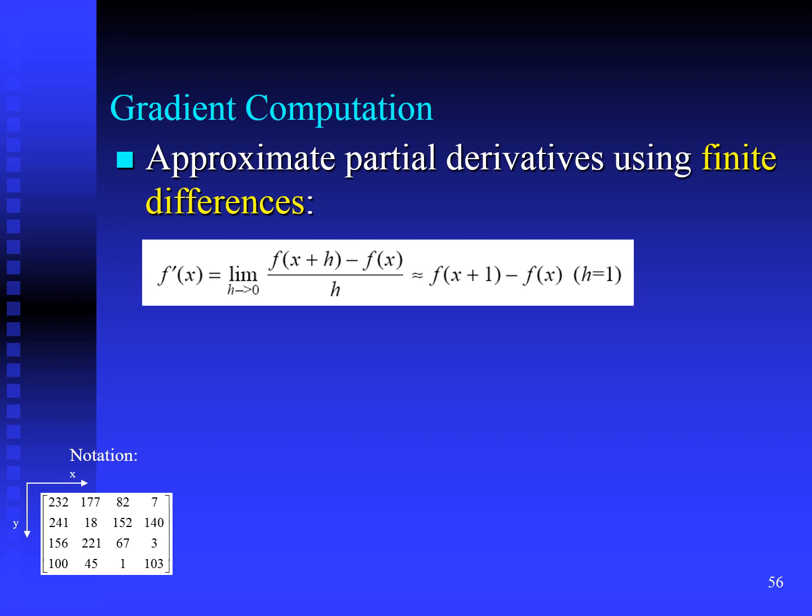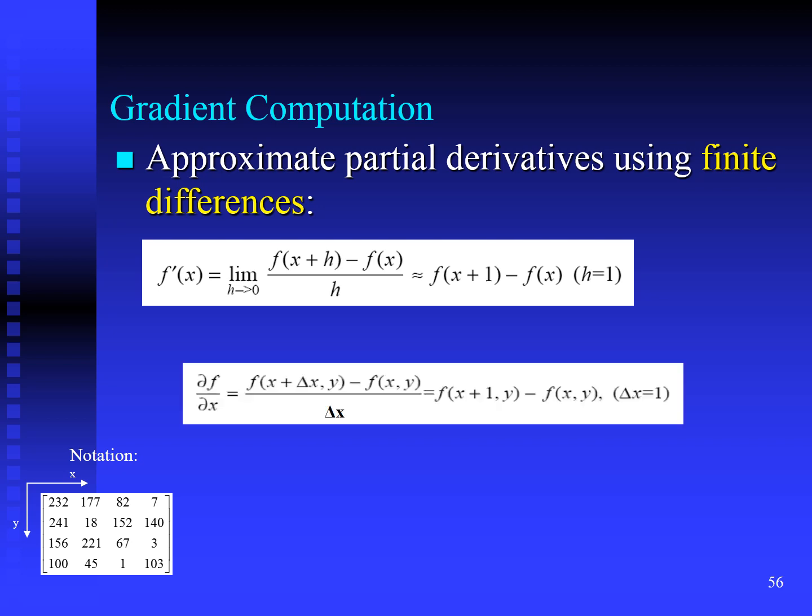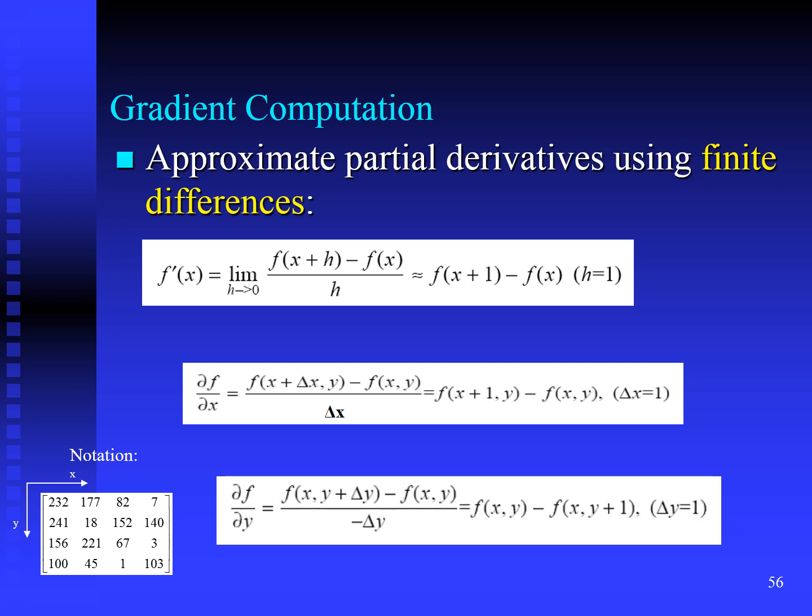Or you calculate the gradient, you do the numerical approximation, you apply a difference formula. This is the limit, meaning the exact definition, then approximation if you remove the limit. So this is the first derivative approximation in x or y direction.